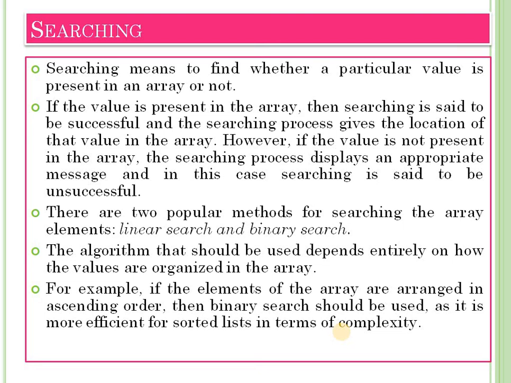There is no need for specific organization. But if we have to apply binary search, then the array must be sorted. If a sorted array is there, then only we can apply binary search. Okay, this is the major difference.